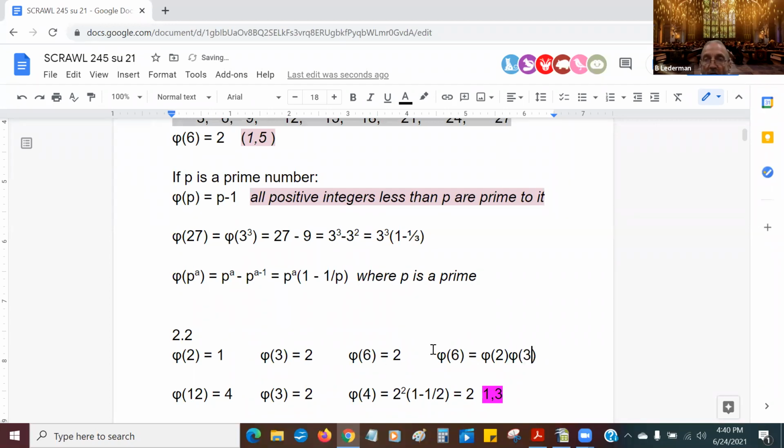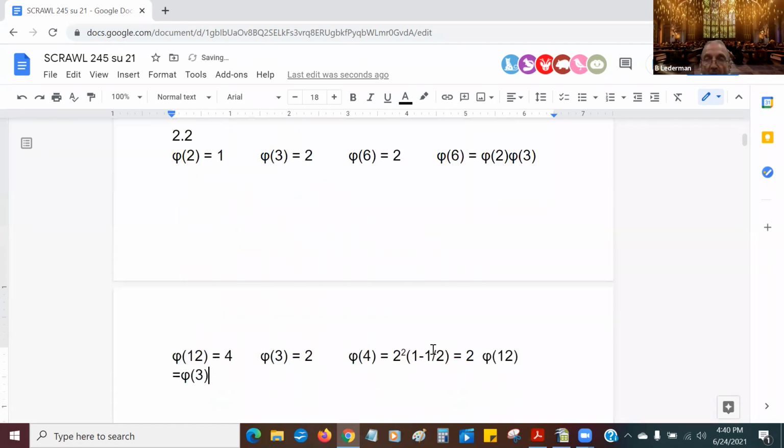And of course, we're going to prove this theorem. So phi of 12 equals phi of 3 times phi of 4.